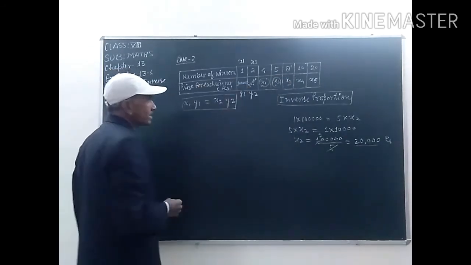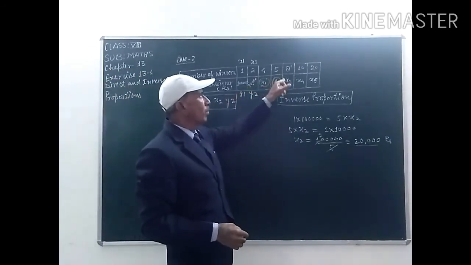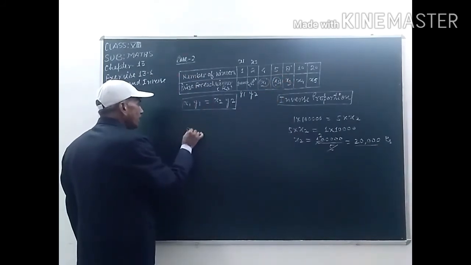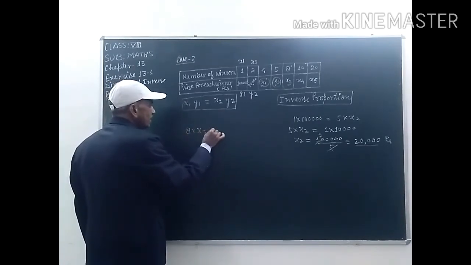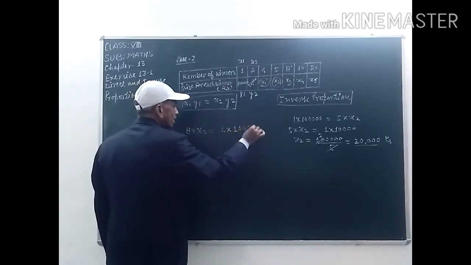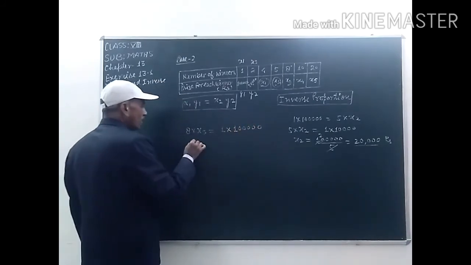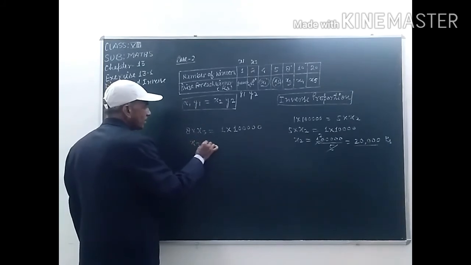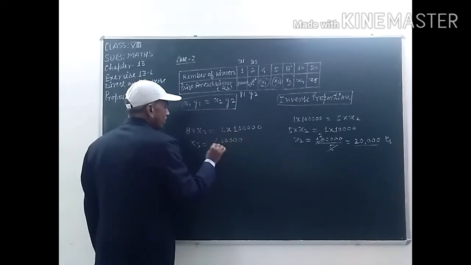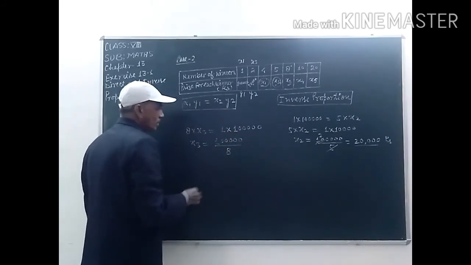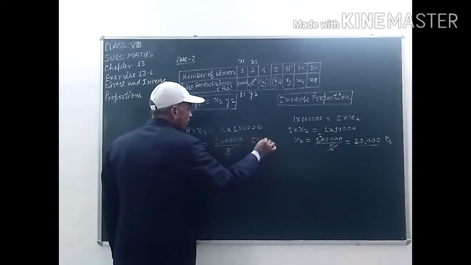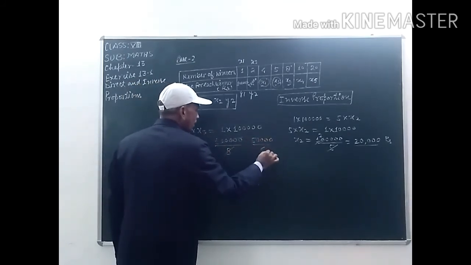If the number of winners is 8, then what amount will each get? So 8 into x3 is equal to 1 into 1 lakh. Now x3 is equal to 1 lakh divided by 8. So this is 50,000 divided by 4.